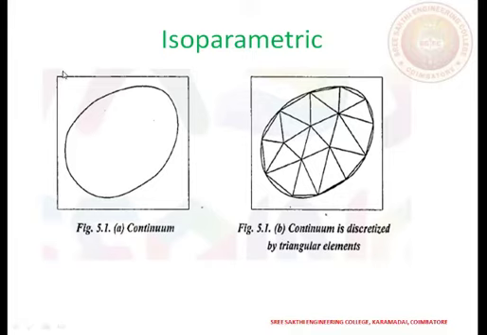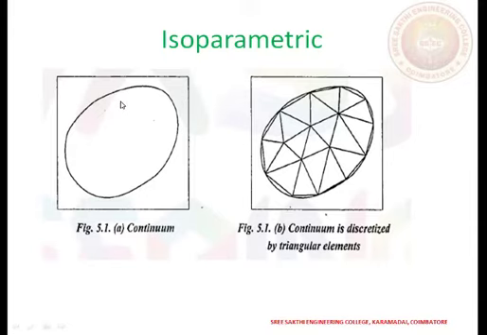I apply the force in this particular area and I want to know the stress in this area. How do you calculate it? This calculation cannot be done by the subjects of strength of materials, design of machine elements, or design of transmission systems. That is why we go for FEA techniques, that is, finite element analysis.